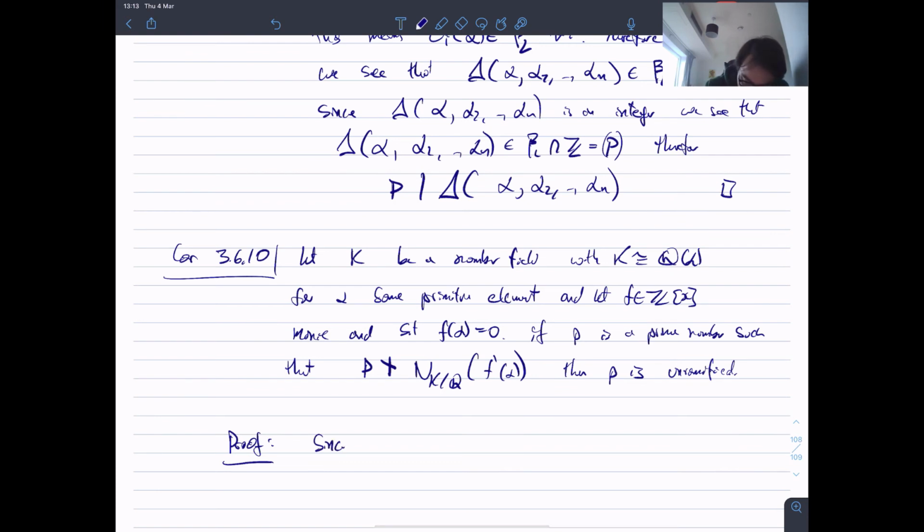So since every monic polynomial with alpha as a root is divisible by the minimal polynomial, it's enough to check this for f equals m of alpha.